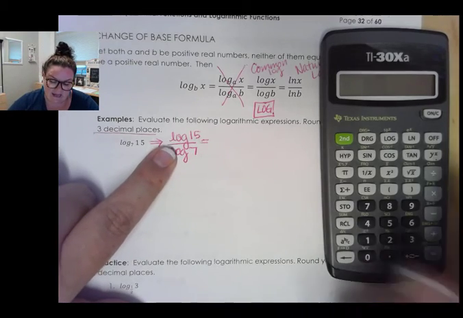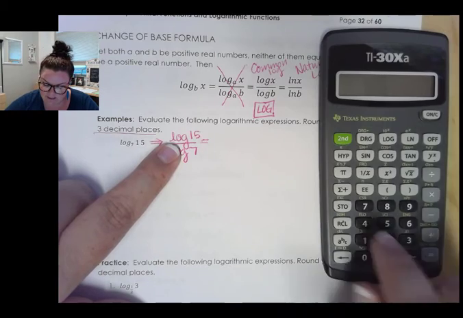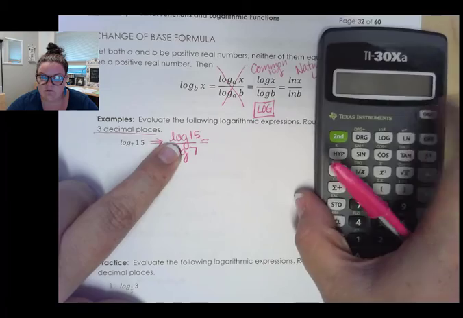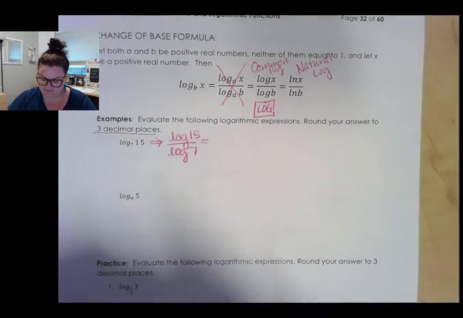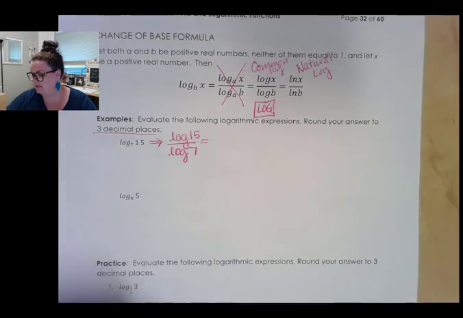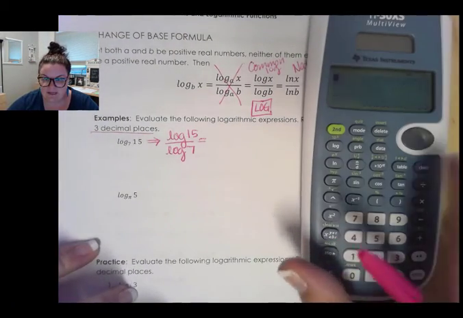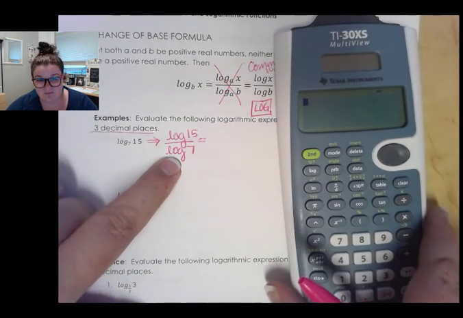So I'm going to go ahead and do log of 15. Maybe not. My calculator may have died. It died. Okay, so what I would do is the bottom first.